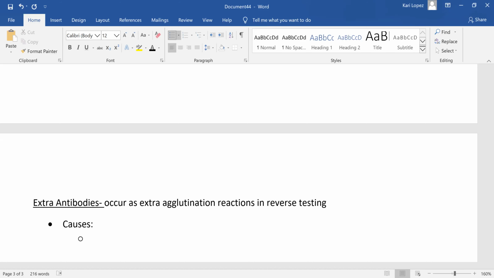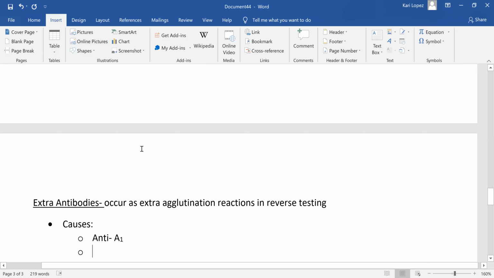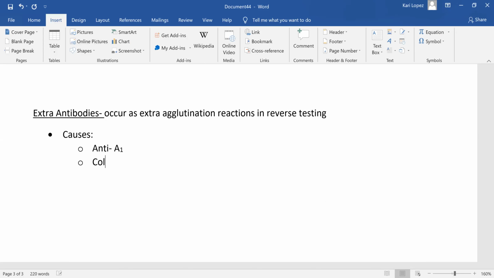We've got causes. They can be anti-A1, or they can be cold autoantibodies.